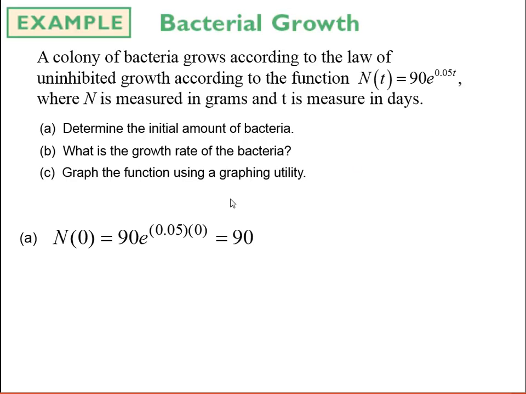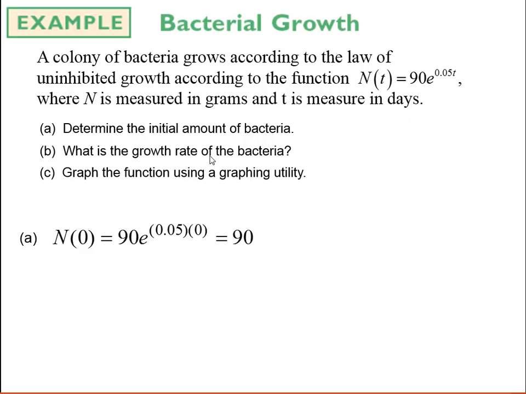What I did for the work was just show you that if we're finding the initial amount, we're plugging 0 in for time. That's the beginning of my experiment, let's say. And remember that e to the 0 is 1. So I have 90 times 1, so I start with 90 bacteria. Doing this work isn't really necessary, because from the prior section we know this is the initial value.